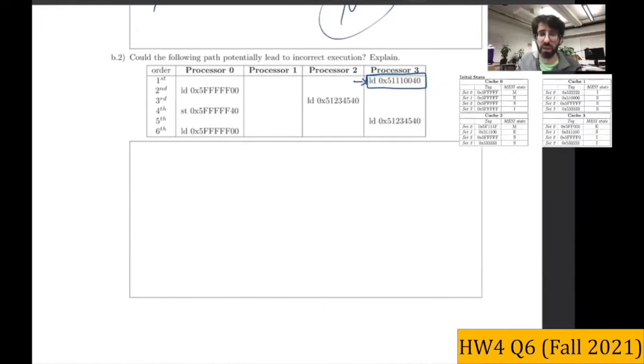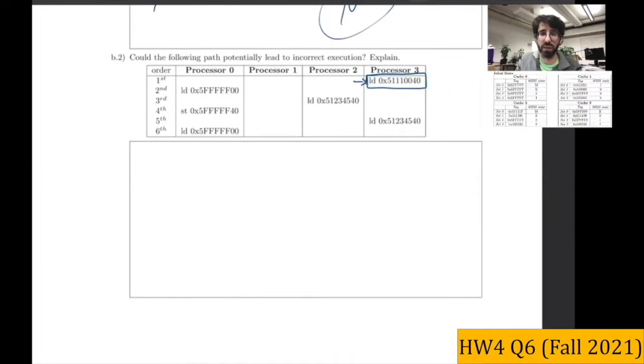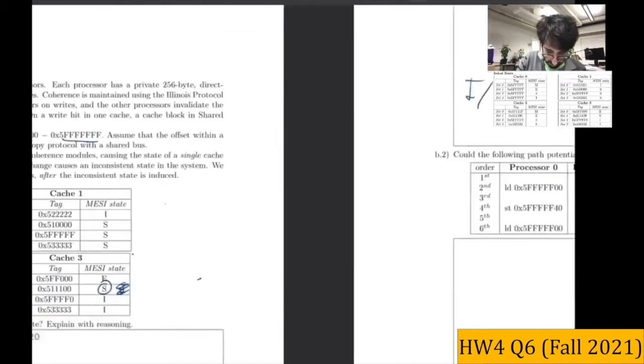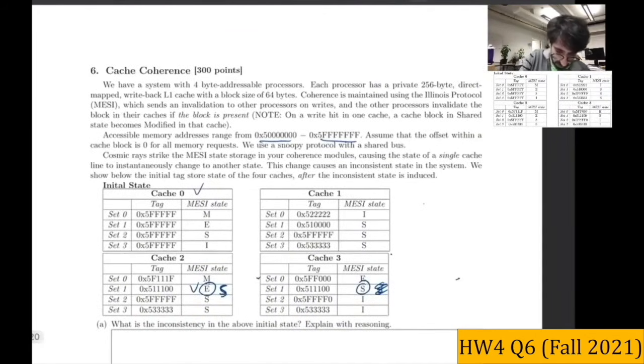So basically we are loading this address.